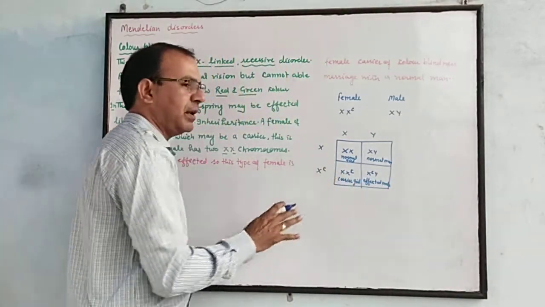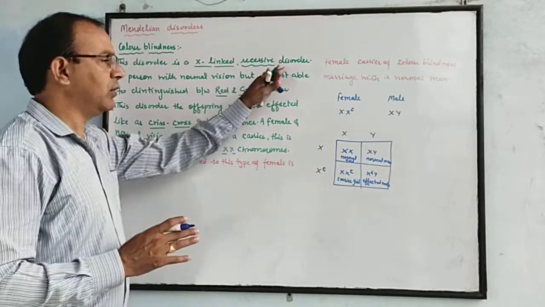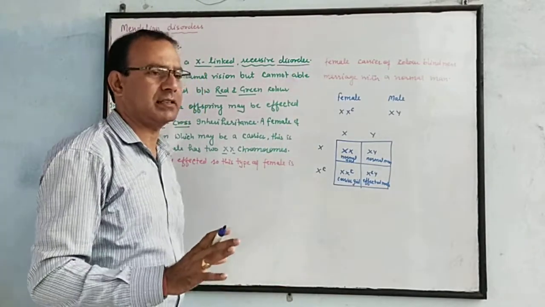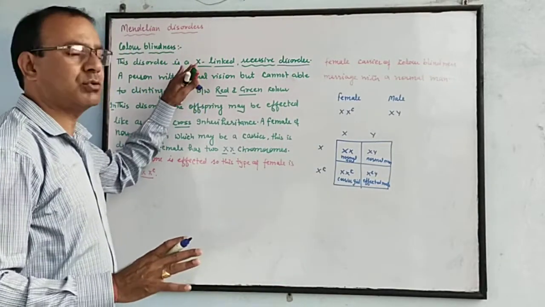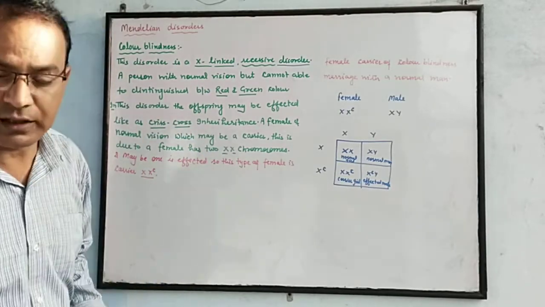So this disorder is caused by an X-linked recessive trait, which you can also call sex-linked. This is the possibility of color blindness.